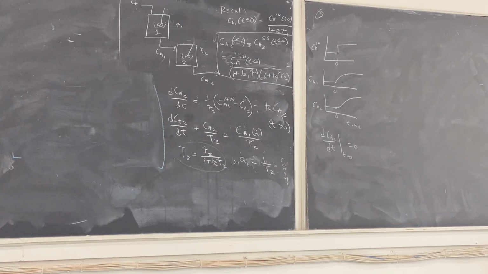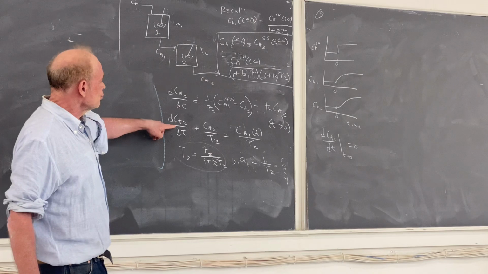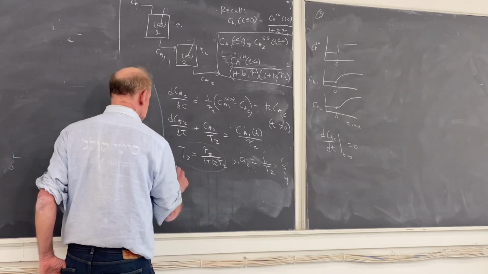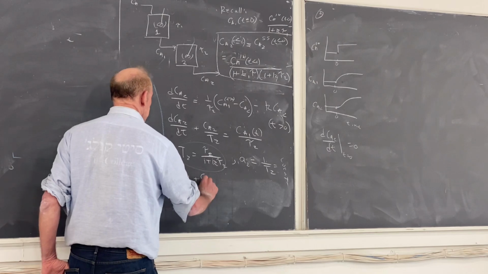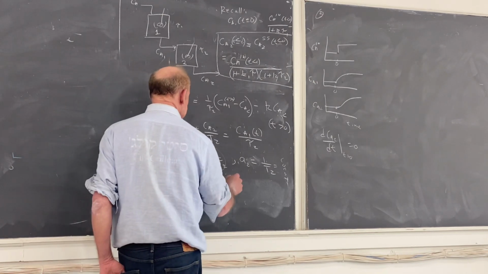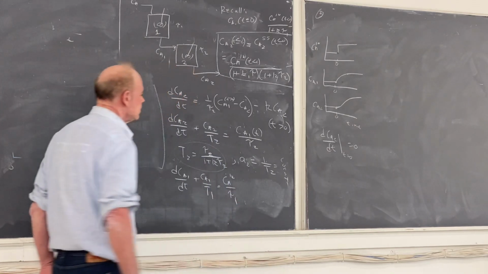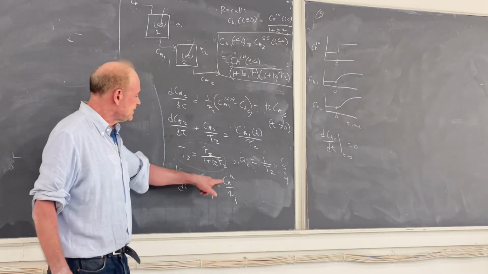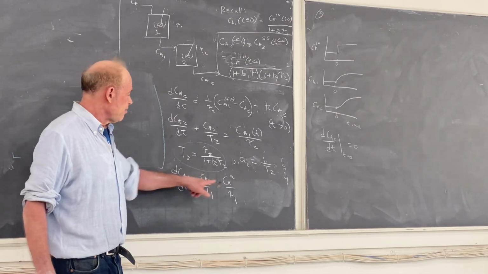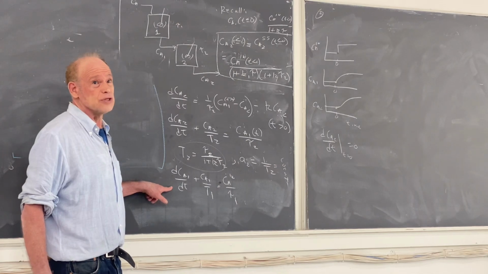You also get a sense from this equation that I could also write, if you remember, we also have the equation dCA1/dt plus CA1 over tau 1 was equal to CA in over tau 1. I want you to notice that a change in CA in affects the derivative of CA1, not CA1 directly.